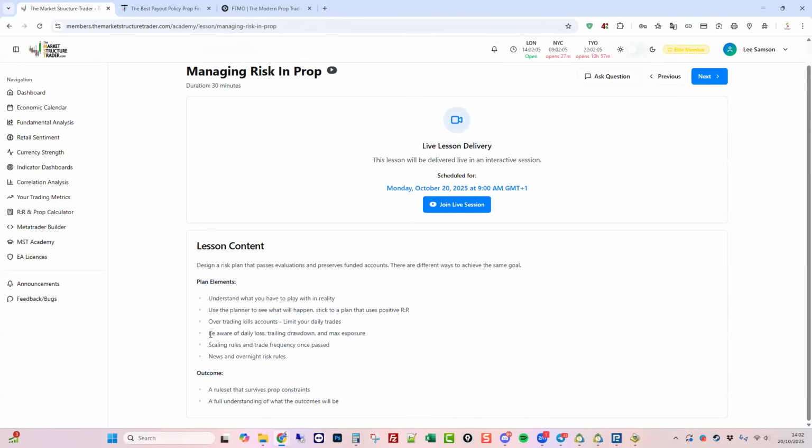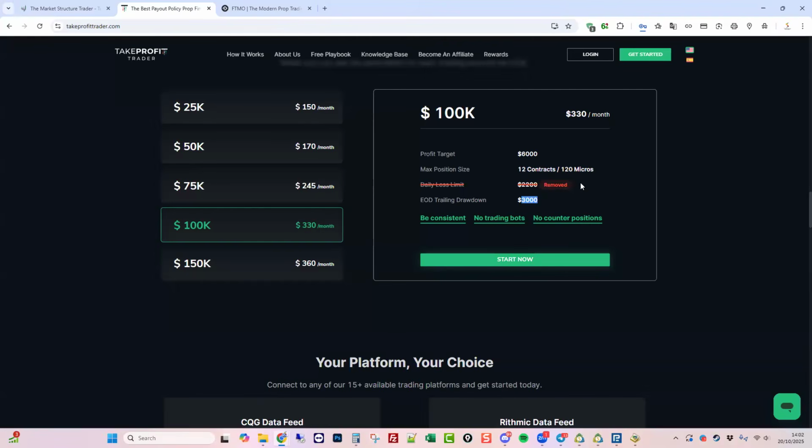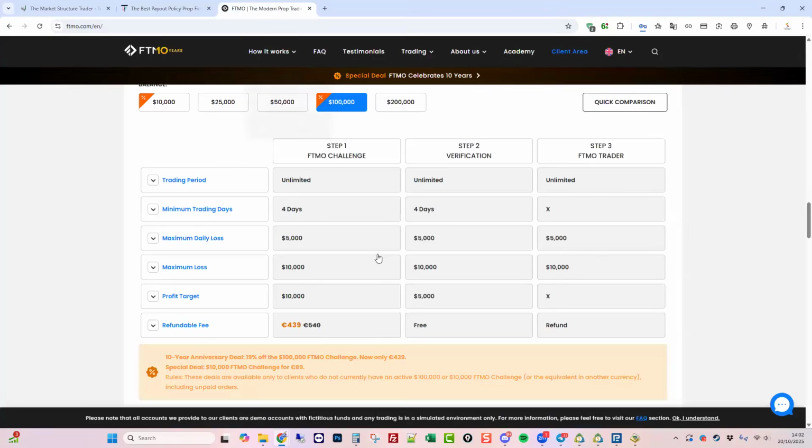But this daily loss and trailing drawdown, try to survive each prop at least for 2 days, if not 3. Most of these have got limitations. You've got to be consistent. So minimum of 5 trading days. FTMO, minimum of 4 trading days.